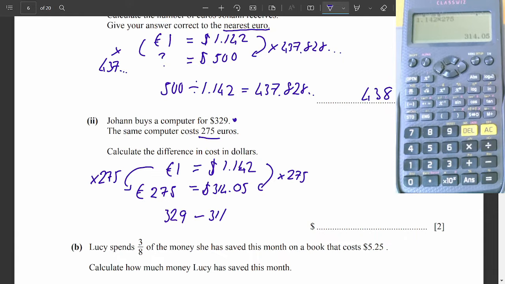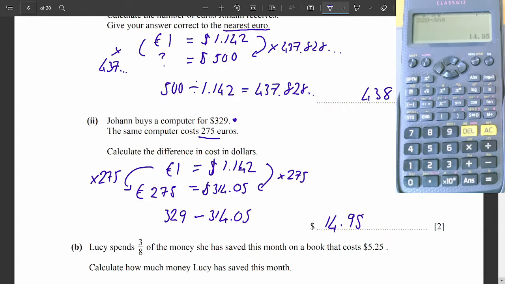Subtract the ones in euros. Europe is cheaper. So let's do that. 329 minus, put our previous answer in there, and we get $14.95. Okay, they don't ask us to round it, and it's money, so best to write it to 2 decimal places.